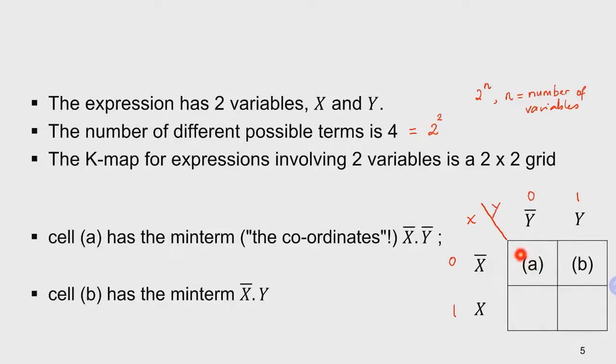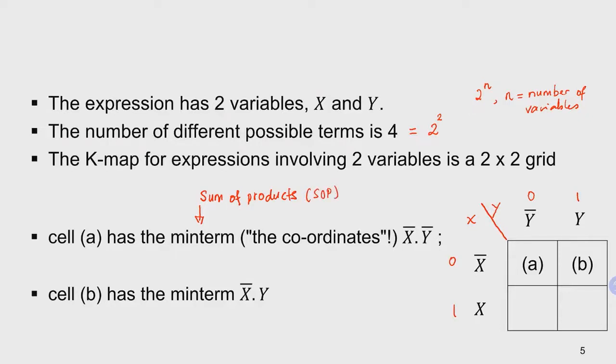So for example, I put down here cell A, which is called the Minterm, because we're discussing sum of products. So this refers to Minterms of sum of products, or in short, SOP.